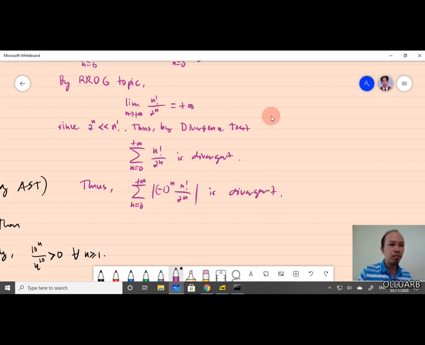Since it is divergent, we cannot yet conclude that the given series is conditionally convergent. We have to show first by some test whether the given series is convergent or not.